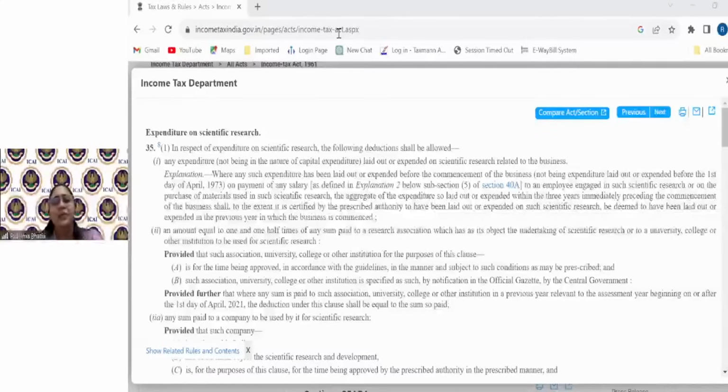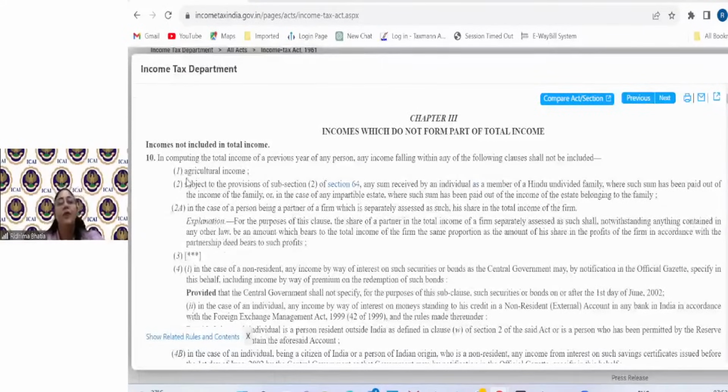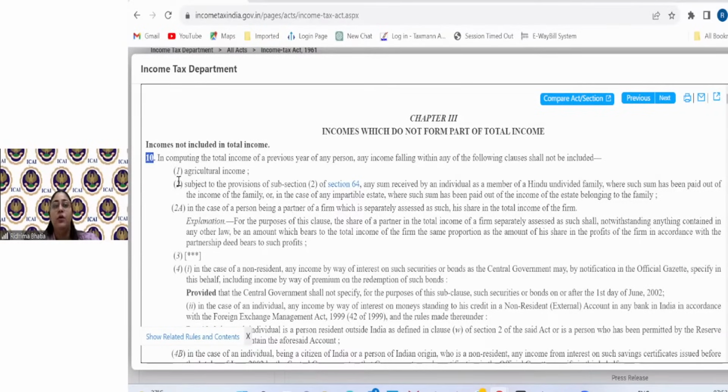It's a very simple difference. Whenever each part of a section is independent and not related to each other, those are called clauses.